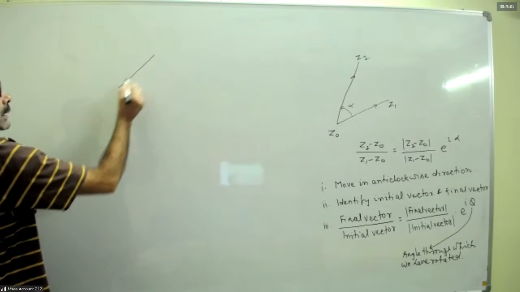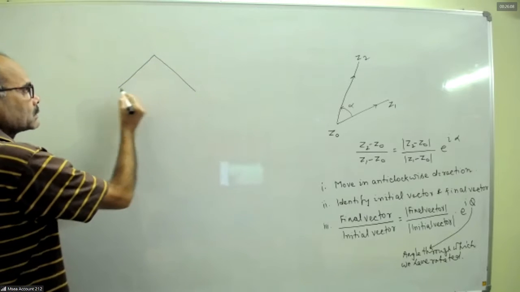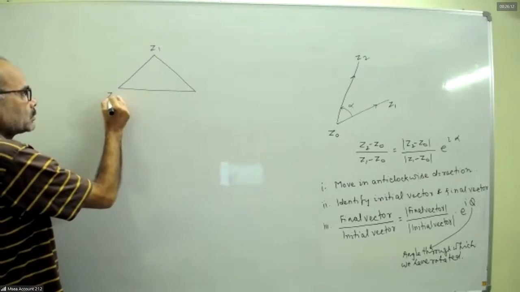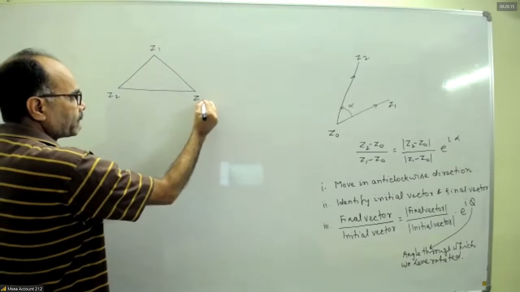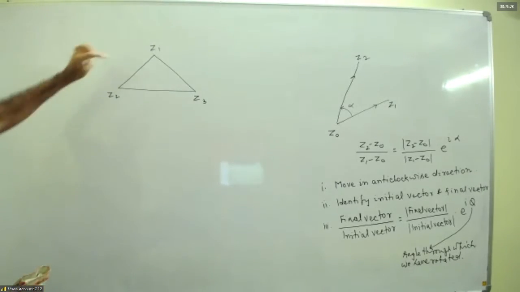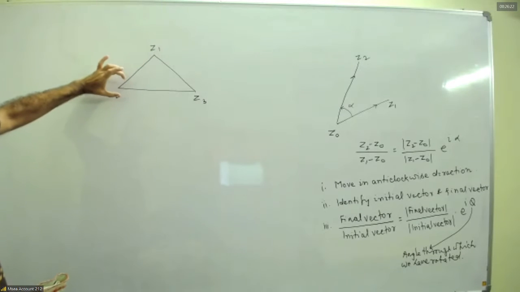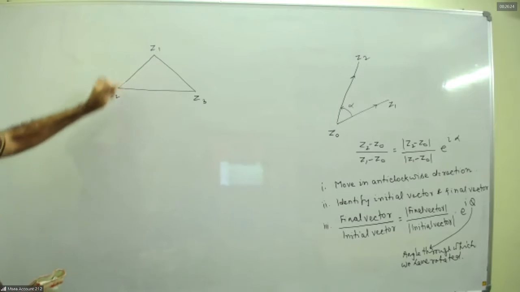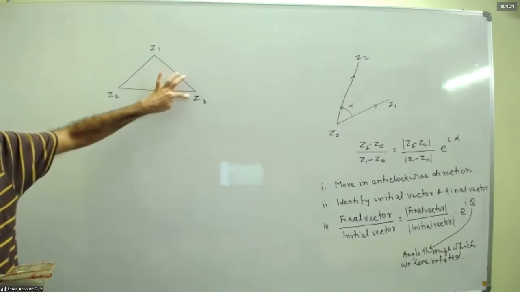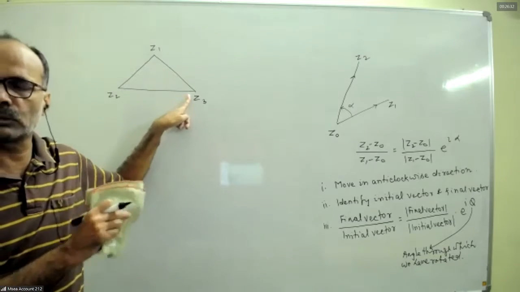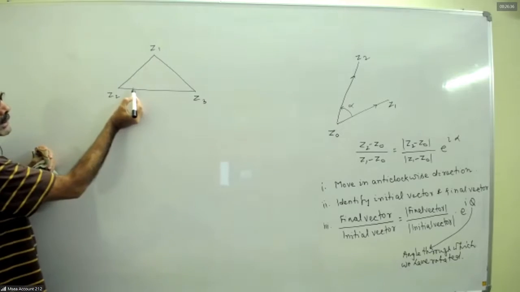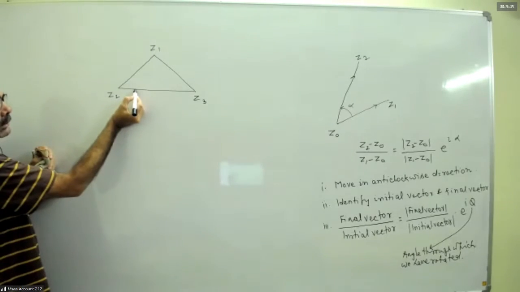Suppose we want to establish the result in a triangle with vertices Z1, Z2, Z3. Through which vertex do we want to rotate? Z2. First, we will move in anticlockwise direction.